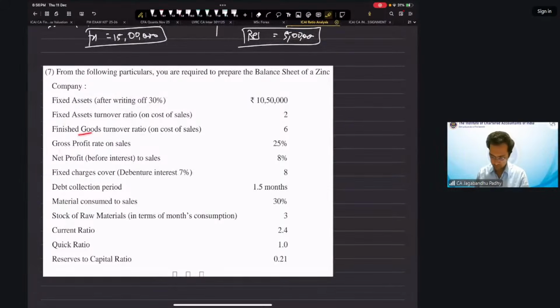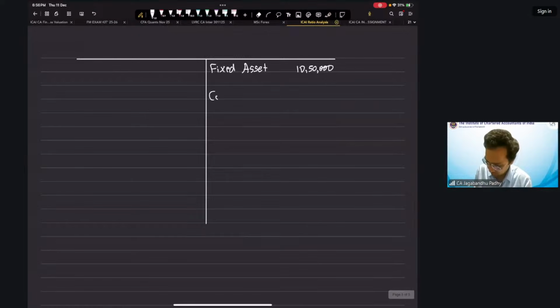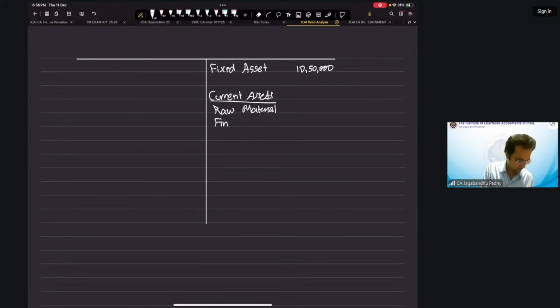Then what all do we need is we will have the finished goods in our books, and also the stock turnover. So after fixed assets, we'll have the current assets also. Current assets, you will have raw material, finished goods, right?